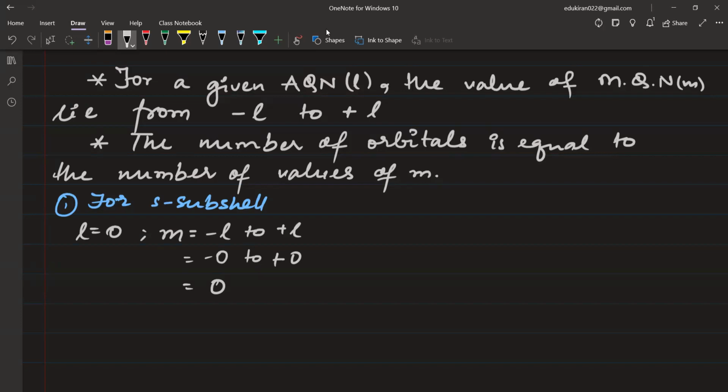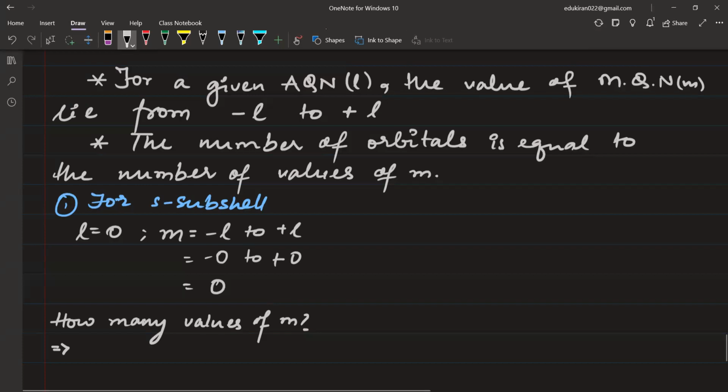So how many values of M did we get? Tell me, guys. Please answer in my chat. How many values of M? Afnan, Yasir, Nabiha, Siddiqa, Harsha, Martin, everyone.